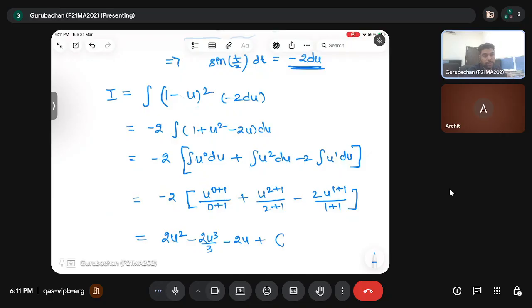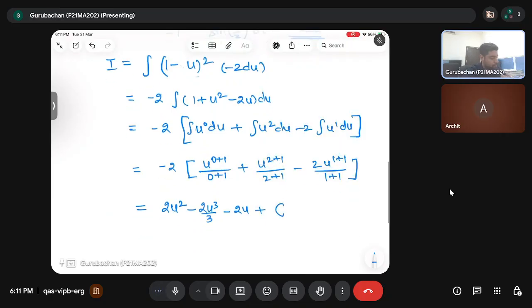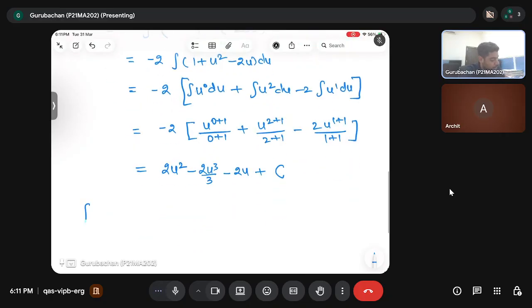But remember that your original integration was in terms of t. So obviously your concluded integration value will also be in terms of t. Now you have to resubstitute, or replace u by the original value.